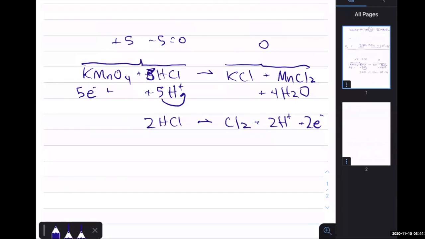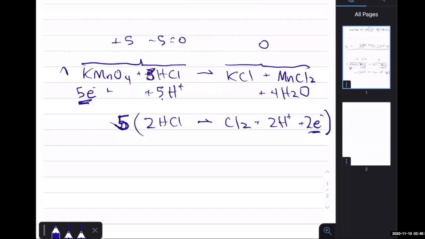So what we have at this point is the following. We have this half reaction at the top and this half reaction at the bottom. There's 5 electrons here. There's still only 2 electrons down here. When you add the 2 electron half reaction as is, you don't get a net 0. So what you need to do is take this reaction and multiply it by 5.